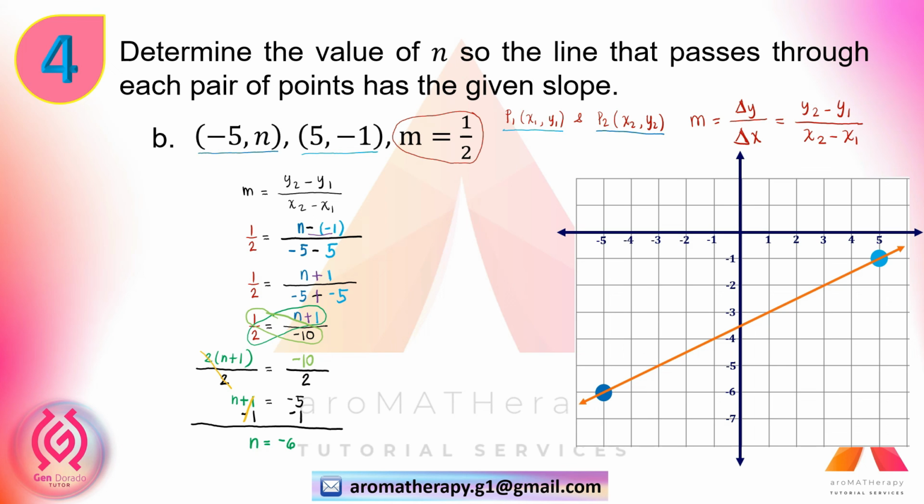Again, the graph is rising from left to right. It is still positive, because the graph goes upward from left to right. And our slope here is positive 1/2. Okay? Got it? So, n is equal to negative 6. Can you follow? Got it?